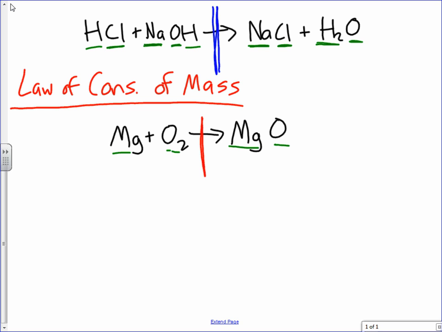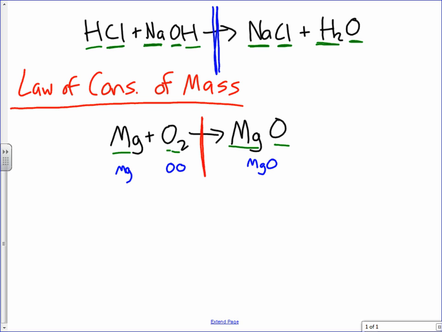So the way you do that is, if you have magnesium and oxygen reacting, then you're going to need to produce more product, if that makes sense. Let me show you what I mean. So let's draw out the little molecules here. This is by no means a technical drawing. So you have magnesium, and you have O2, and you have MgO.